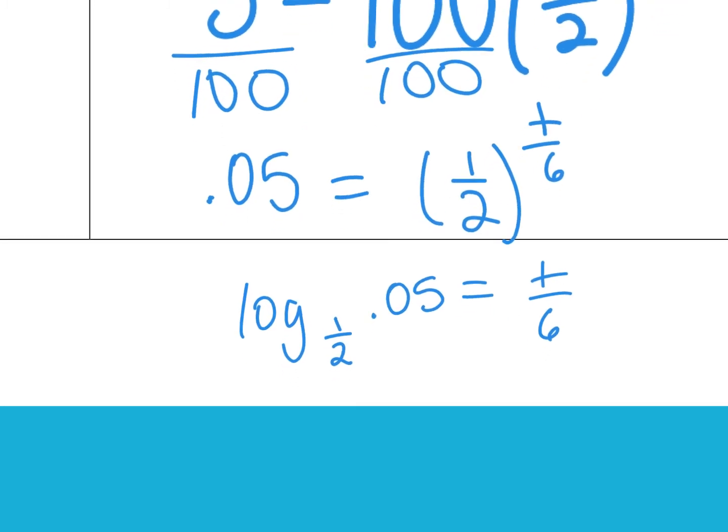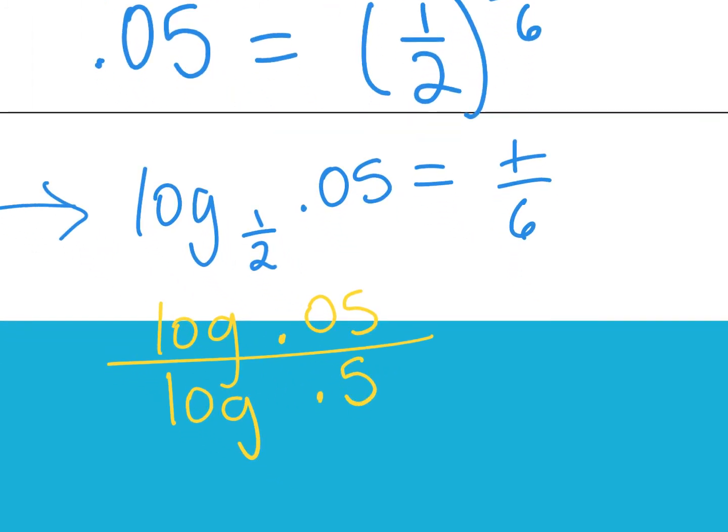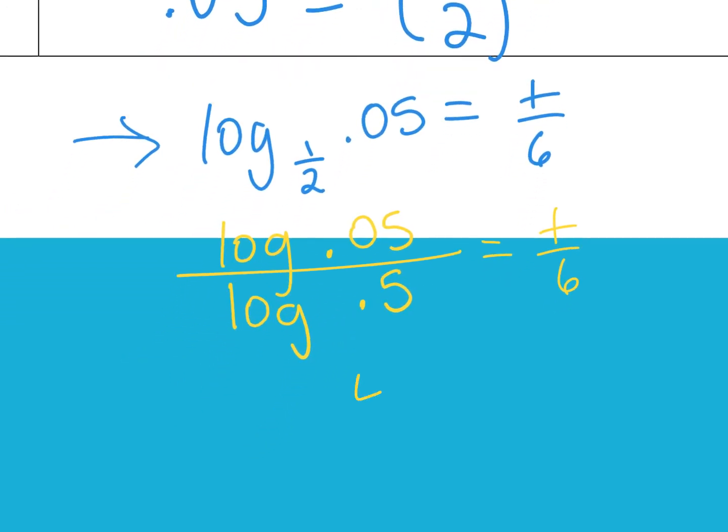To type this into my calculator, it doesn't have a base of 10, right? So I've got to do log A divided by log B, which means log of 0.05 divided by log of 1/2, which is 0.5. So type that in. 4.32 equals t divided by 6.